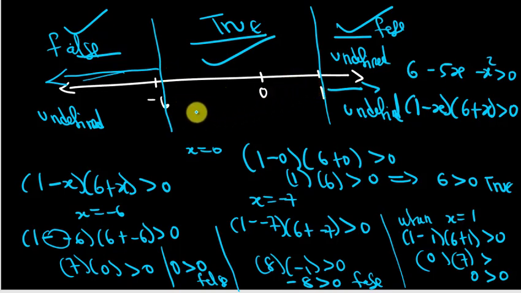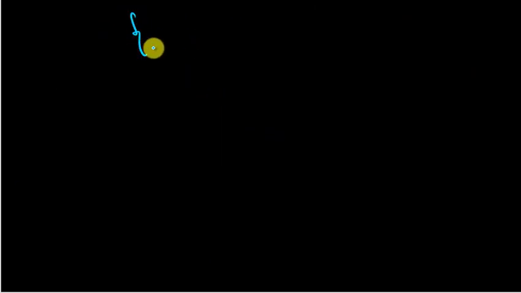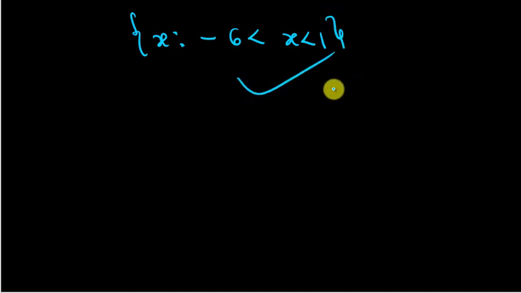Therefore, the inequality to define the range of values there is -6 less than x less than 1. So the truth set is x such that -6 is less than x less than 1.